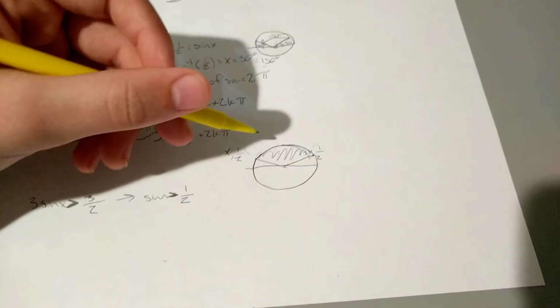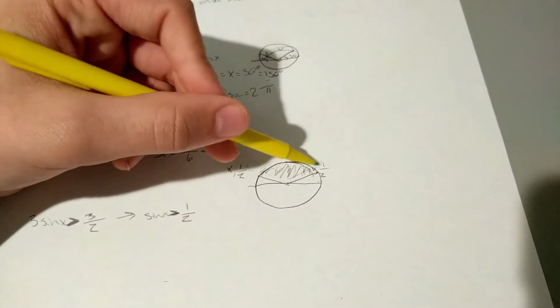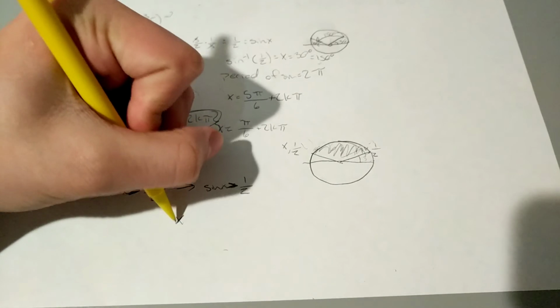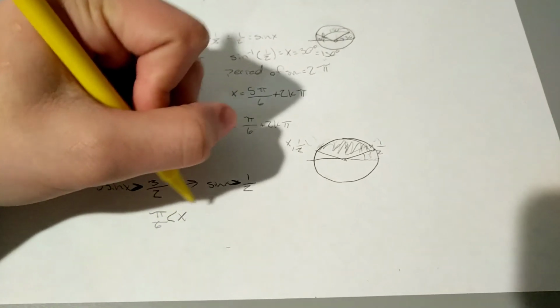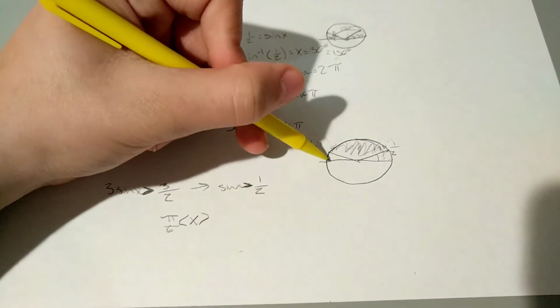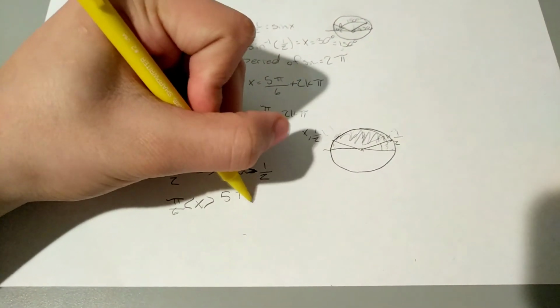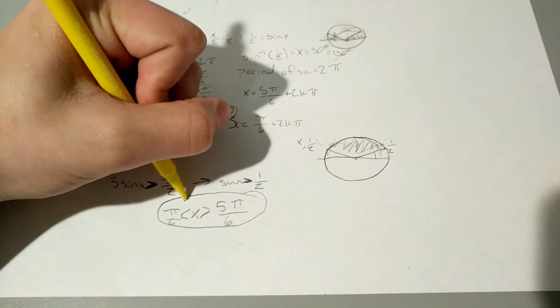So it will be anything right over here. So this angle right here is the 30, which is the pi over 6. So x needs to be greater than pi over 6. But it also needs to be less than this angle, which is 5 pi over 6. That would be your answer to B.